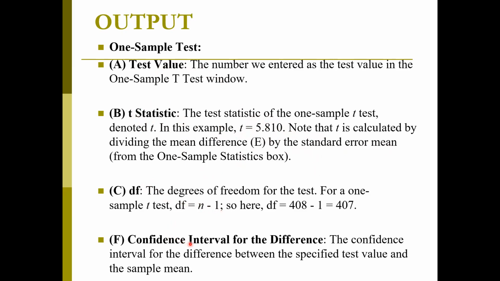The confidence interval is a confidence interval for the difference between the specified test and the sample mean. The specified test value and the sample mean, the difference between the specified, remember our specified test value and our sample mean?